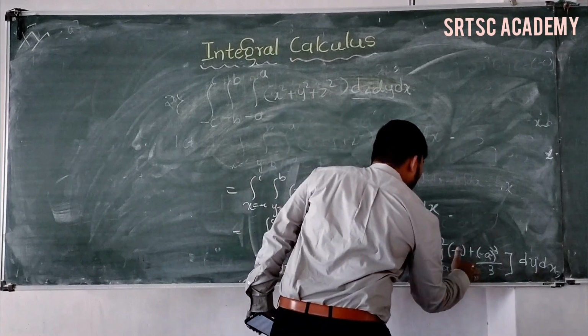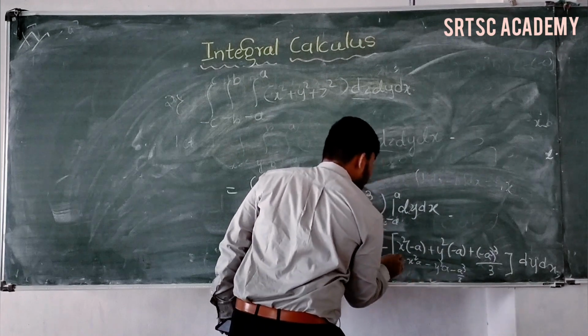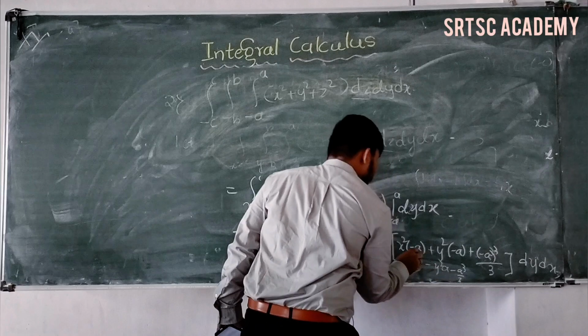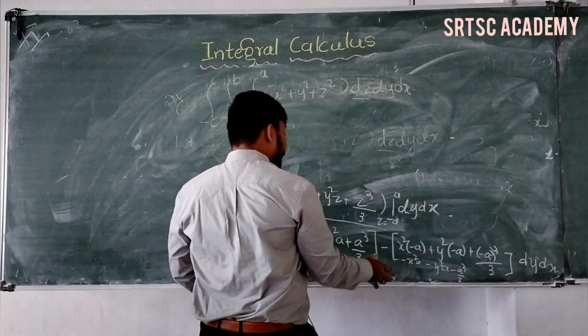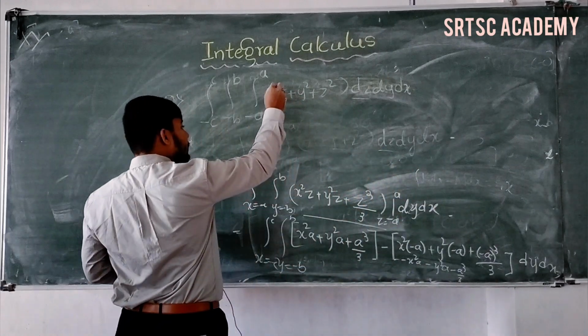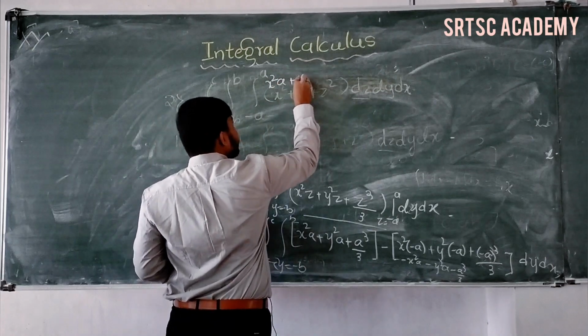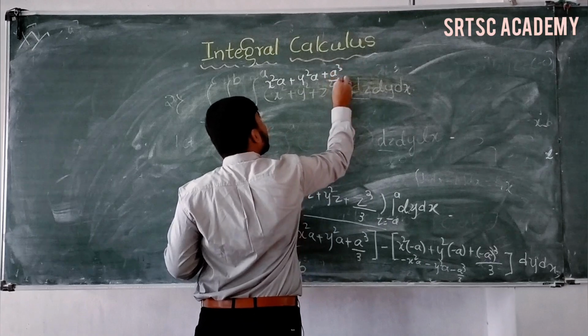So if we take the common from both terms, minus into minus becomes plus, right? Minus into this is plus. Minus into minus, that is plus, right? So I will write the answer directly. What it becomes? x square a plus y square a plus a cube by 3.